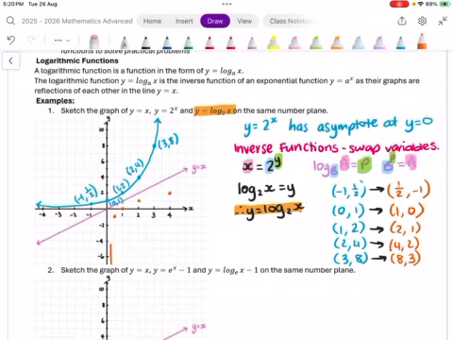We can now draw our logarithmic function, and we can see how it is the inverse of y equals 2 to the power of x. We can see those coordinates and how they have flipped.